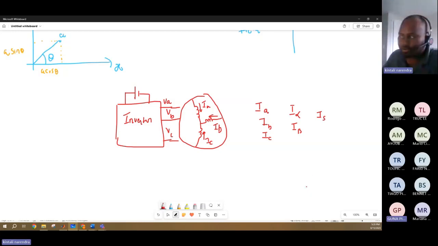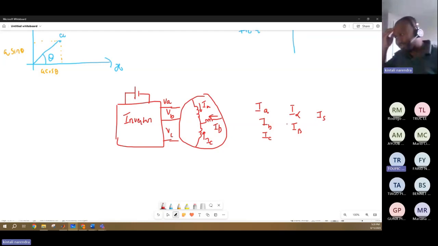Guys, are you with me on I alpha and I beta? Oh, okay. The professor didn't speak about this. No, we went over Kirchhoff's law, the summation. Is it Kirchhoff's law you're talking about? No, this is not Kirchhoff's law. This is the Clark transformation. No, we didn't go that far. Just summation, and output, input.